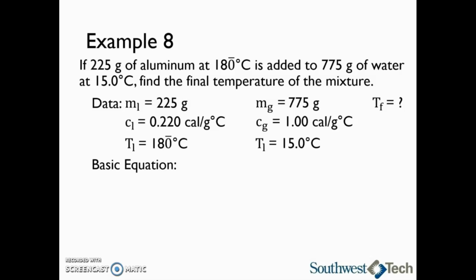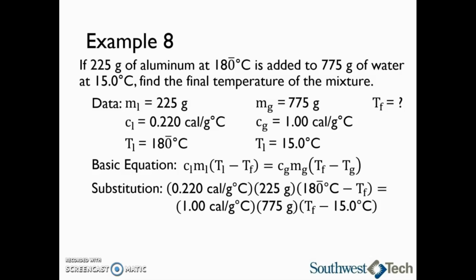The basic equation we will use to solve this problem is that C sub L times M sub L times the quantity T sub L minus T sub F equals C sub G times M sub G times the quantity T sub F minus T sub G. The algebra can get a little tricky in this problem if we try to rearrange to solve for T sub F, so we are going to directly substitute into this equation.